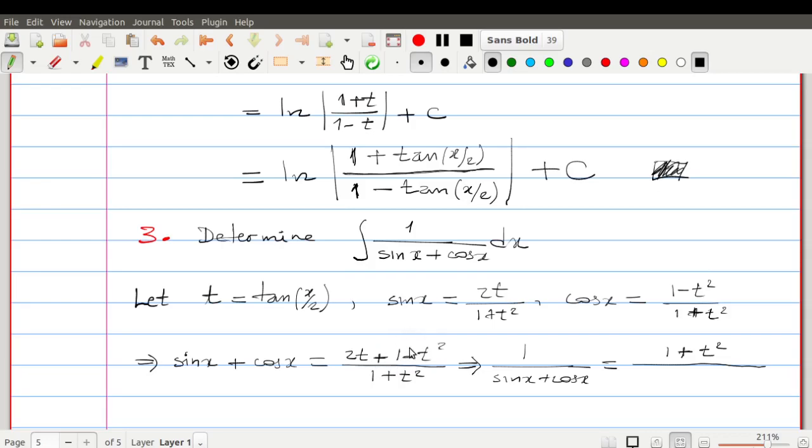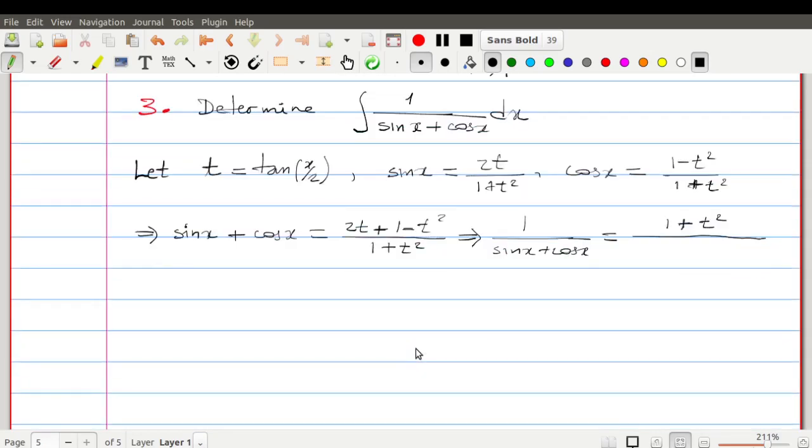Okay, but this expression, how can we easily rewrite it? If we can write this as a square, because if we write t minus 1 squared, there will be a negative here in front. So this is t squared minus 2t plus 1. Then if you put a negative sign here, there will be negative here, positive there, and then negative here.